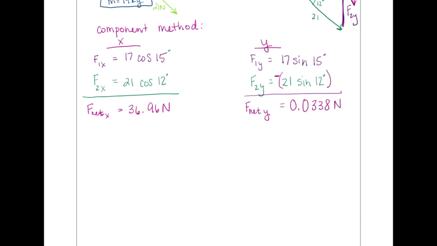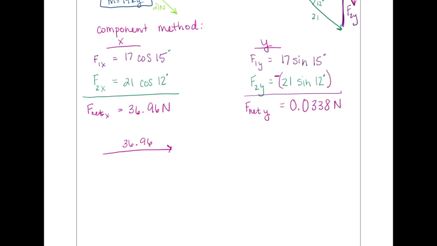Okay, so now in order to find the resulting net force for this, we will have to draw a triangle and use Pythagorean theorem and then use the inverse tangent to find the angle. Okay, so drawing the triangle, sorry, our x is going to be 36.96.